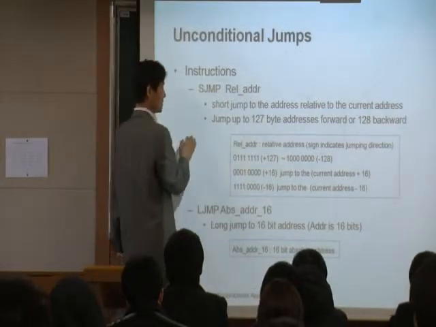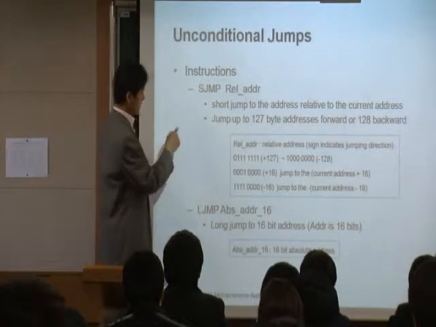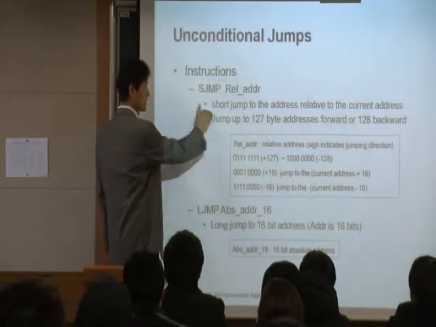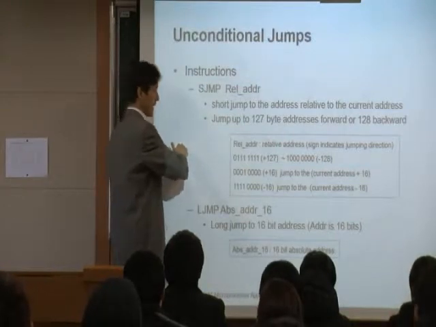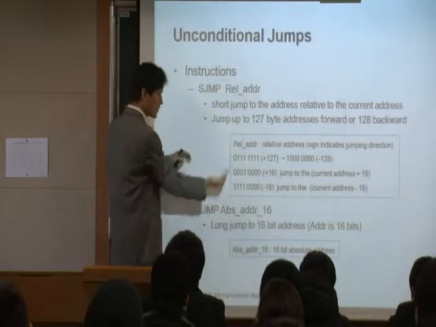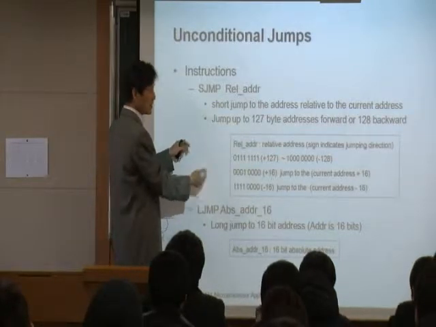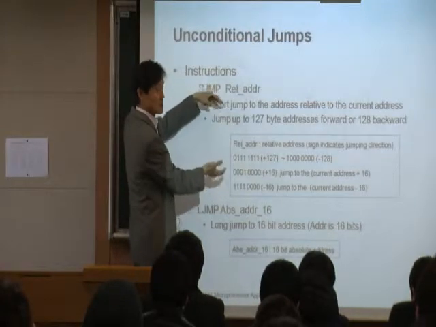What a short jump basically means is that, let's say you are executing instructions one by one, and suddenly you see the SJMP instruction. In that case, you're going to jump, but your jump is a short jump. So you are going to jump within a short range.